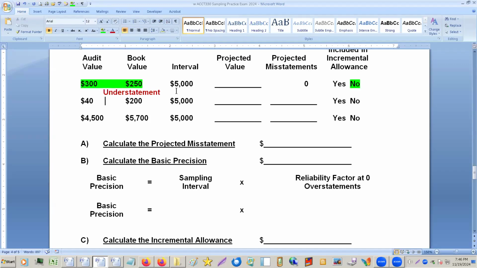The second one here is well behaved. Thank you, second one. 40 divided by 200 times 500. So this is kind of like ratio estimation, but for each interval, we take one item, ratio estimation for each interval.